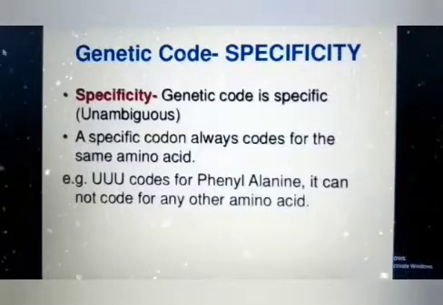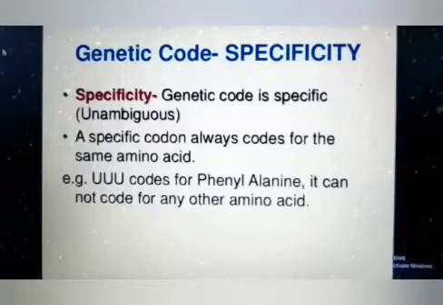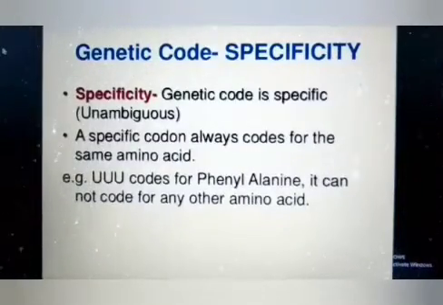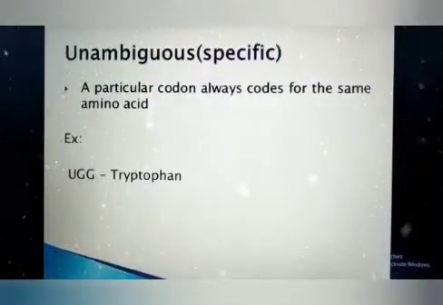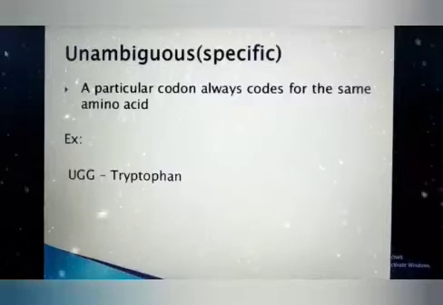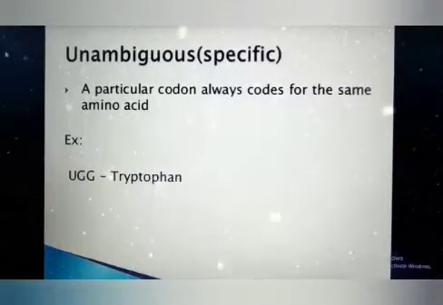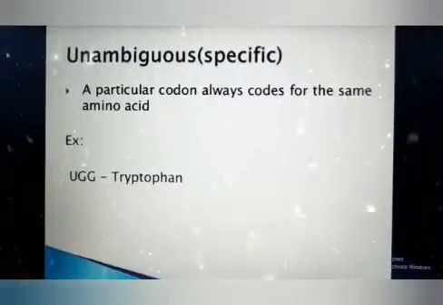It cannot code for any other amino acid. Next, unambiguous: a particular codon always codes for the same amino acid, for example UGG is tryptophan.